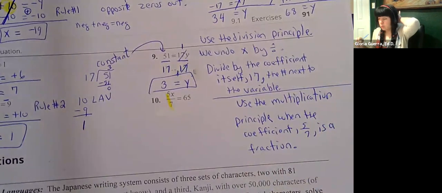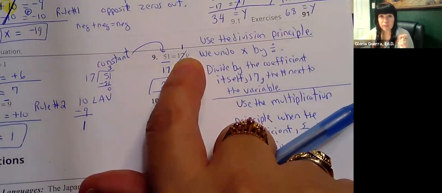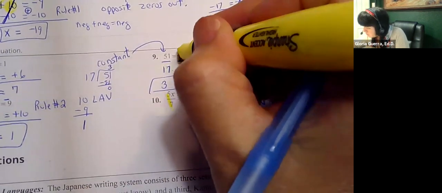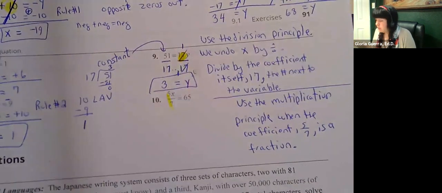Okay, so when you have a decimal coefficient or an integer coefficient, we can divide. So here's 17. This is a coefficient. Let me highlight that. 17 is not a decimal, but it's an integer. We just divide by it.